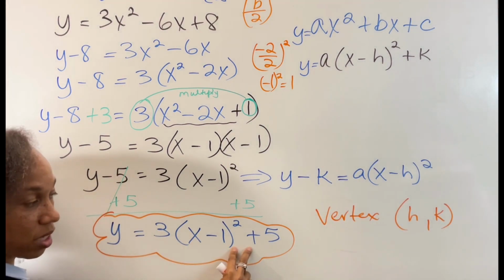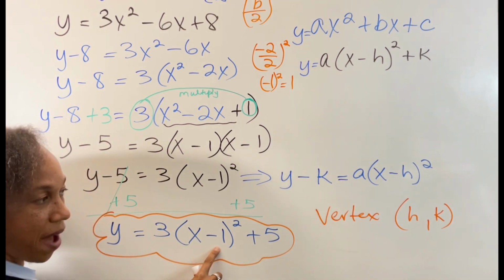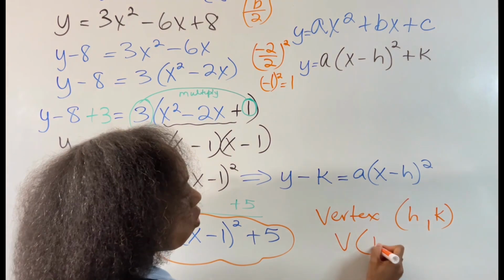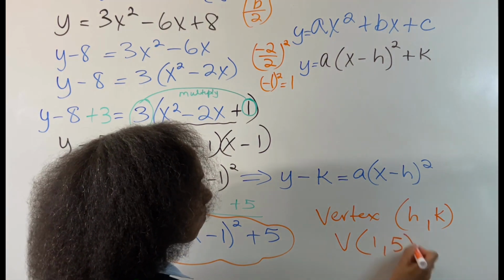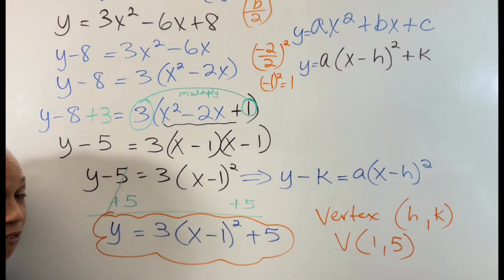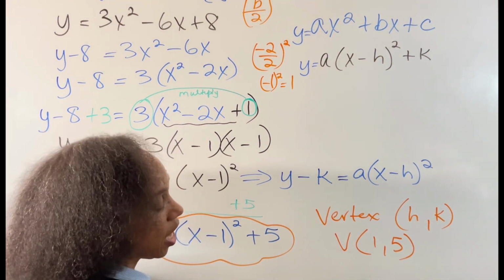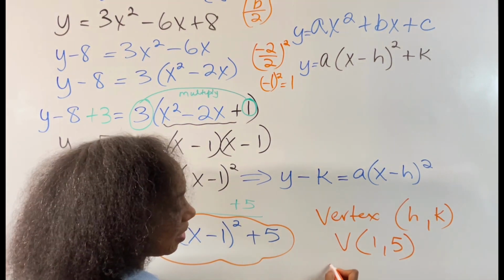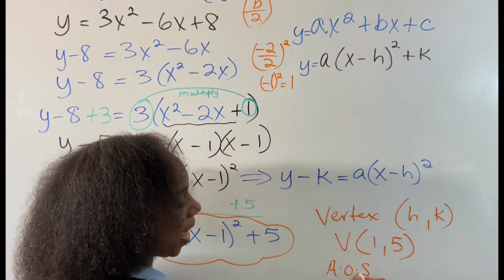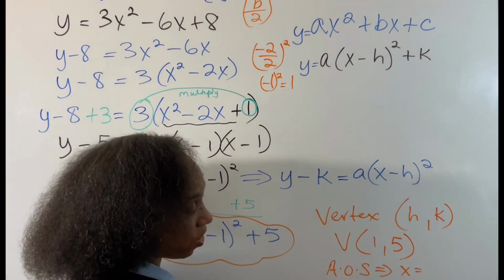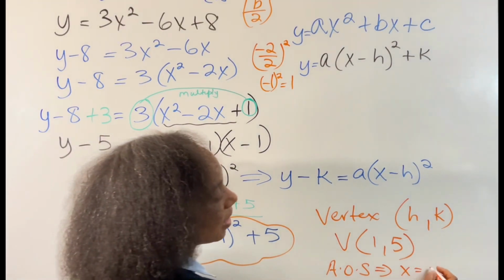Looking at this vertex form, you can identify your h and your k. So your vertex here would be 1, 5. And because the vertex is 1, 5, not only that, you know that you can end up with the axis of symmetry, or what we call the AOS, and that would simply be x equal your h value, and in this case it will be x equal 1.